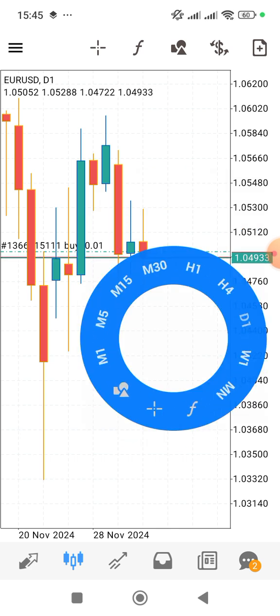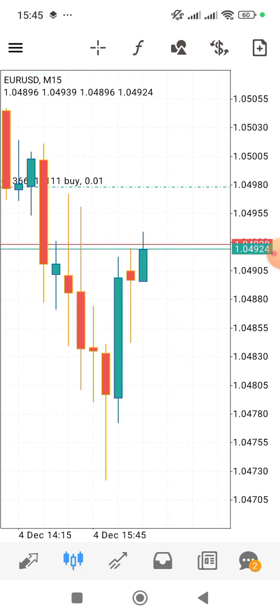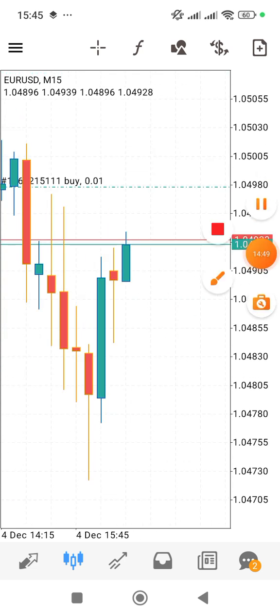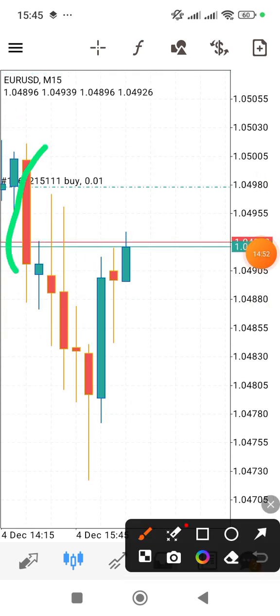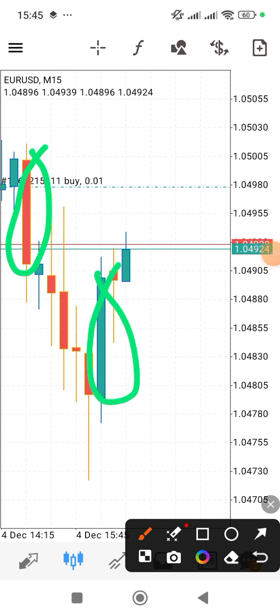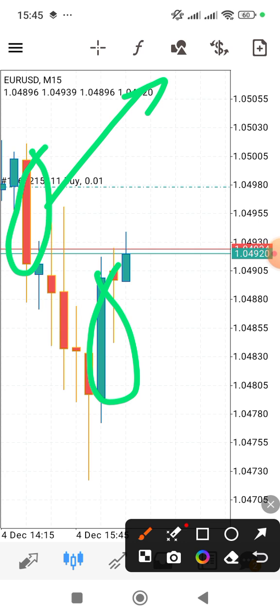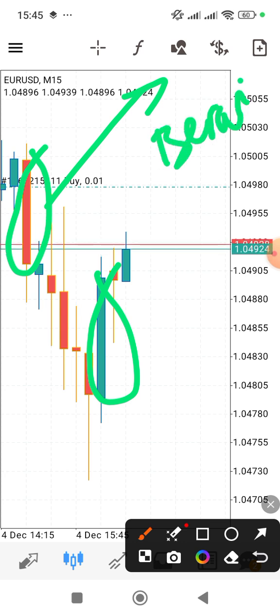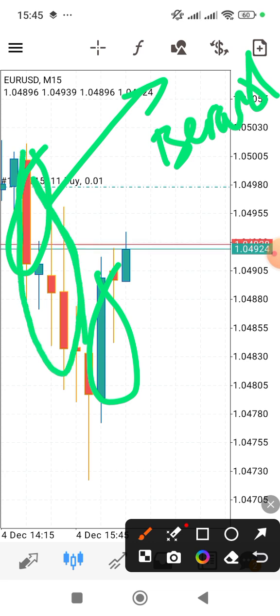So you can change from daily time frame to 15 minutes. What do we mean? Look at all these candles. We have the red and the green. You can actually change the color later on your chart by yourself. The red one is the bearish candle, the candle for sell. As it's going down, are you seeing that it's more of red?